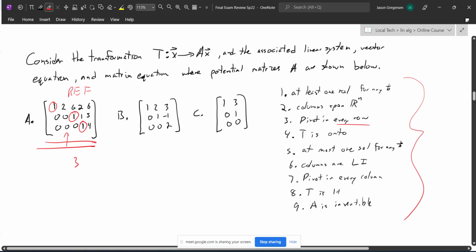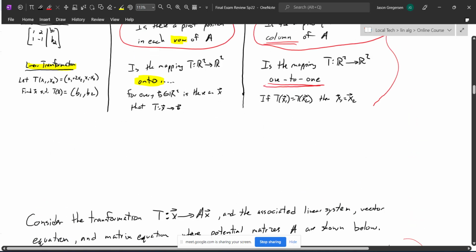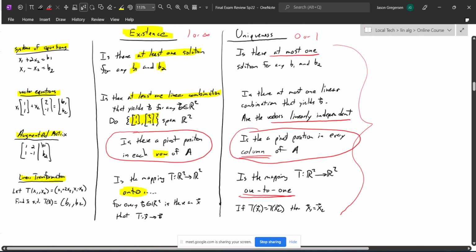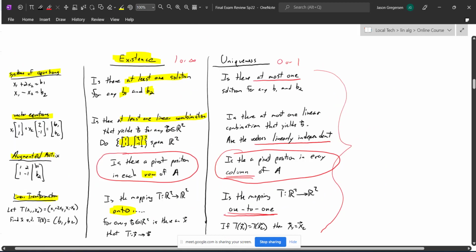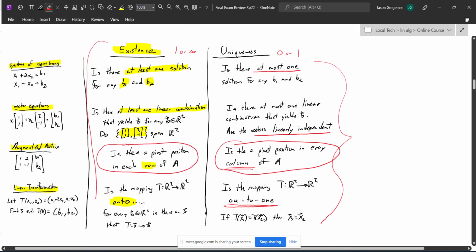So if there's a pivot in every row, that tells me there's at least one solution. The columns span Rn, and the transformation is onto. So in this case, 1, 2, 3, and 4 would all be true. If we scroll up to our list again, we basically said that because there's a pivot in every row, all of the items in our existence column are true.